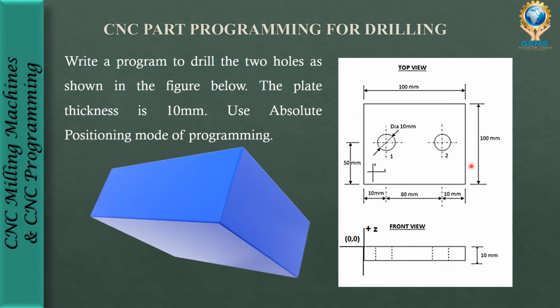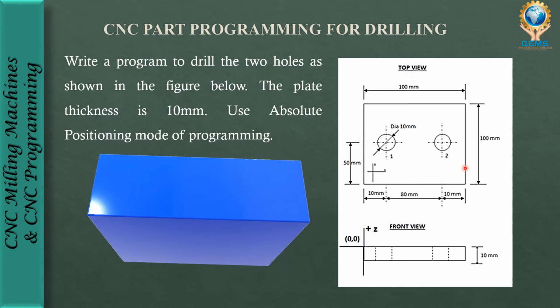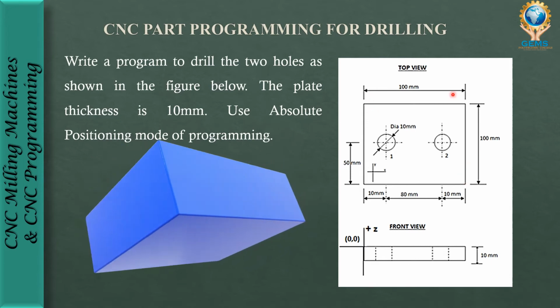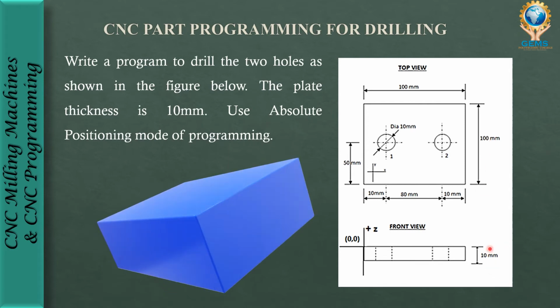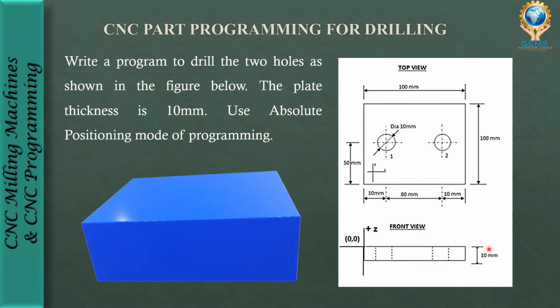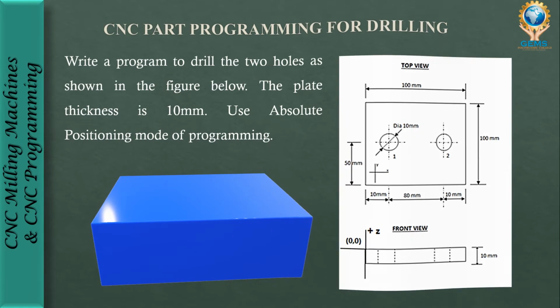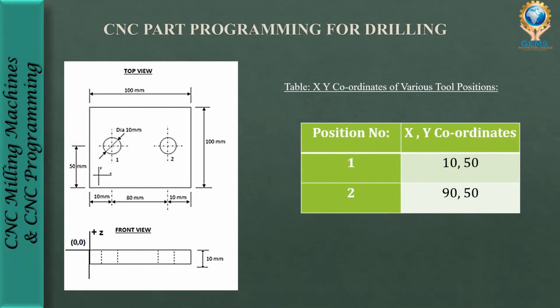The overall length and breadth of the plate is 100 mm and 100 mm. So X is 100 mm, Y is 100 mm, and Z is 10 mm thickness. Now we are going to see the XY coordinates, and since the Z coordinate is common to all, no need to mention the Z coordinates.